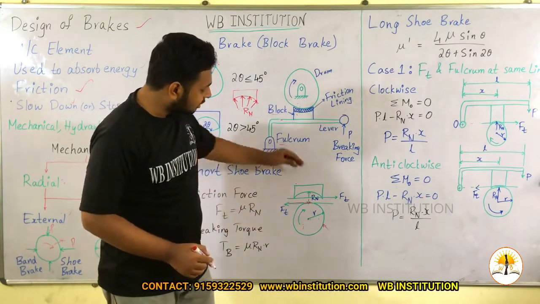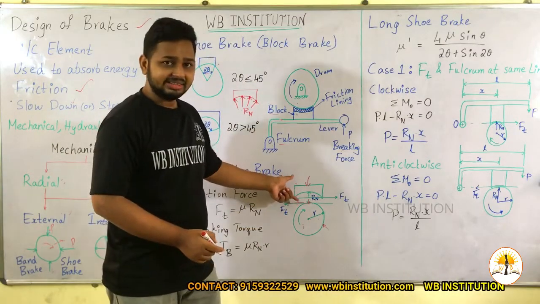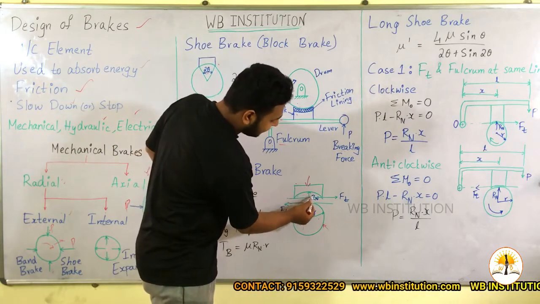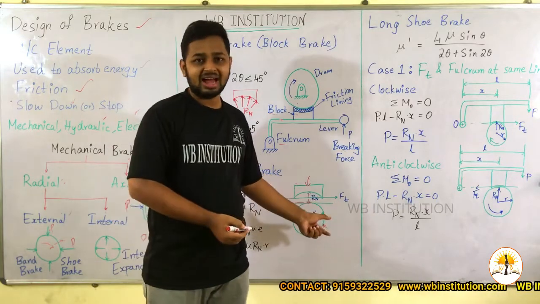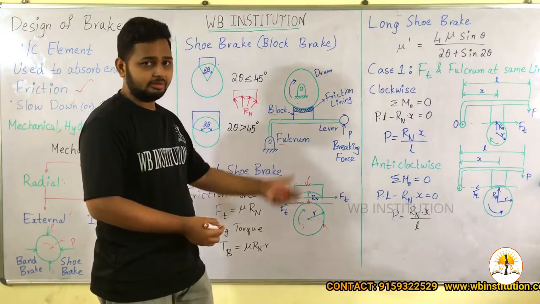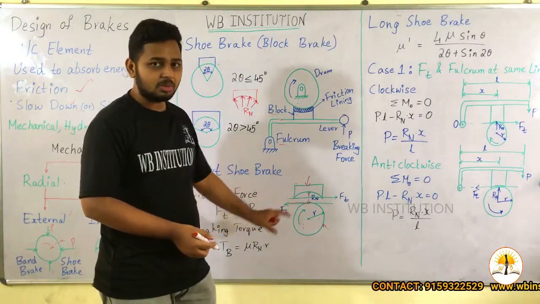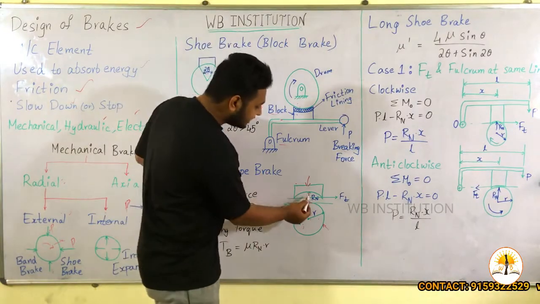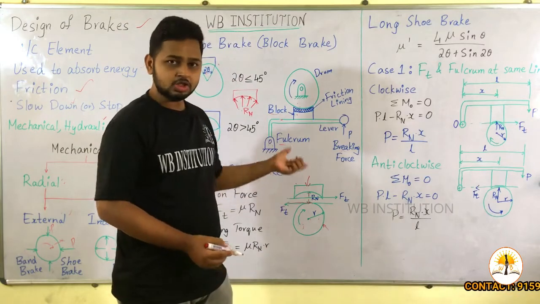In case of the block, that is the shoe, the force will act upwards, the same force as on the drum. Why? Because the forces act between the shoe and the drum. That's why the force is common for both, but the direction is different. Now the direction is towards the direction of the shoe.